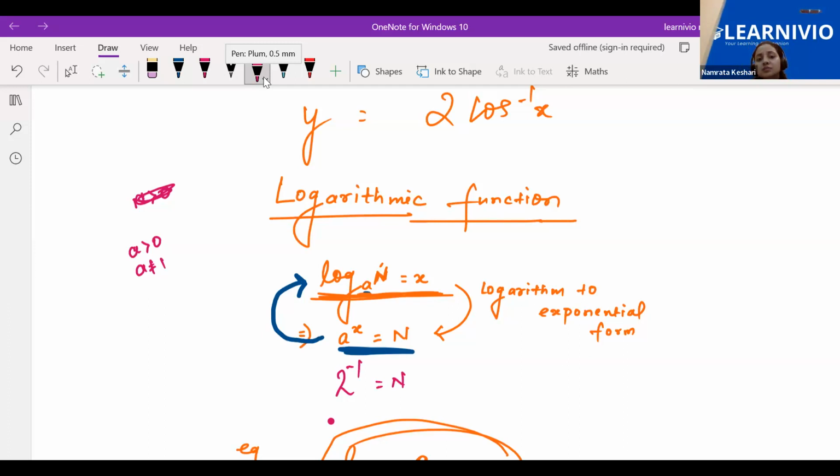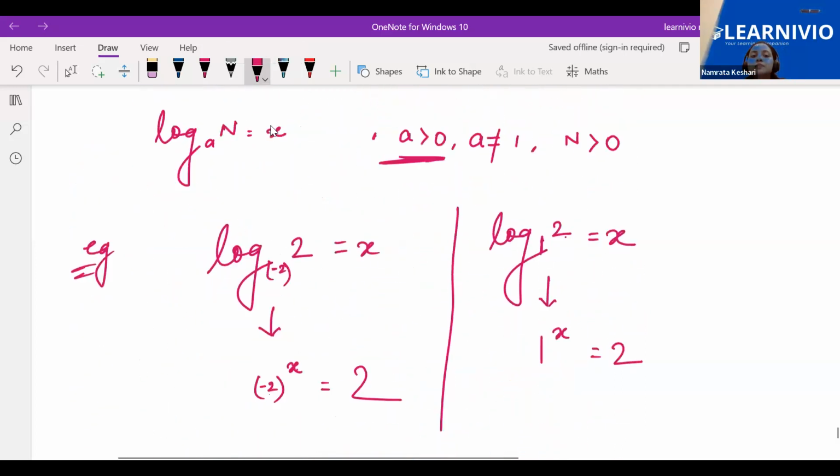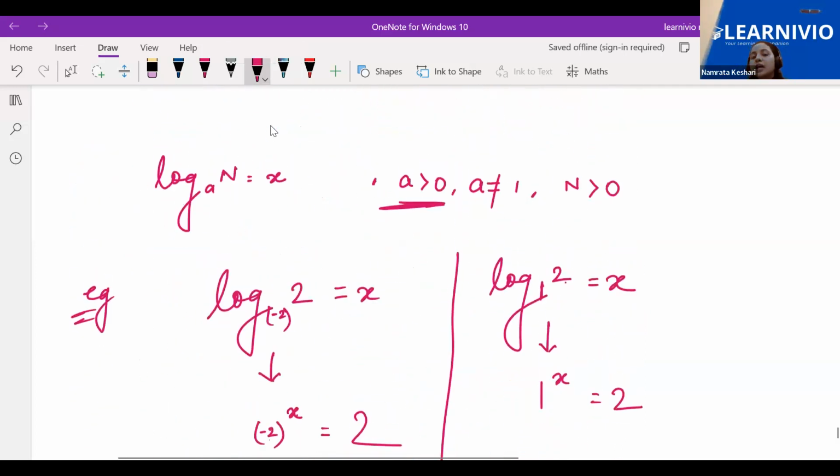Yes or no? Yes. Why? Because a we are taking bigger than 0. So it's not even possible to get n as a negative number. That's why, when we talk about the logarithmic function, the base and the input n both will be larger than 0, and along with that a will not be equal to 1.